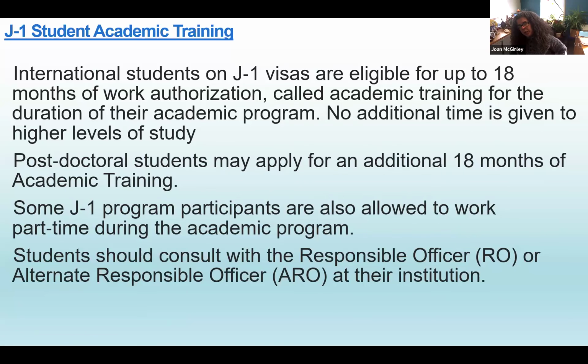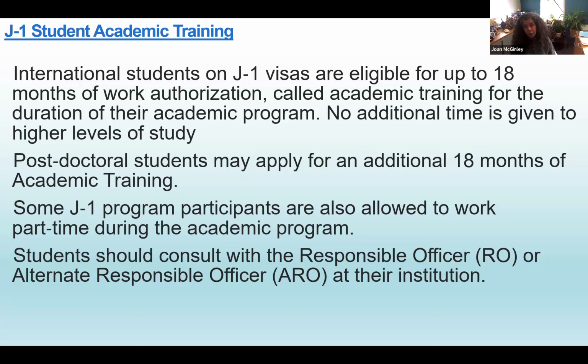And academic training is very similar to curricular practical training, in that the school authorizes it. You are allowed to be in academic training for 18 months, or the length of your program, whichever is shorter. So if you're only here for a year, you get a year. If you're here for 18 months, you get 18 months. If you're in a doctoral program, you would get the whole 36 months.